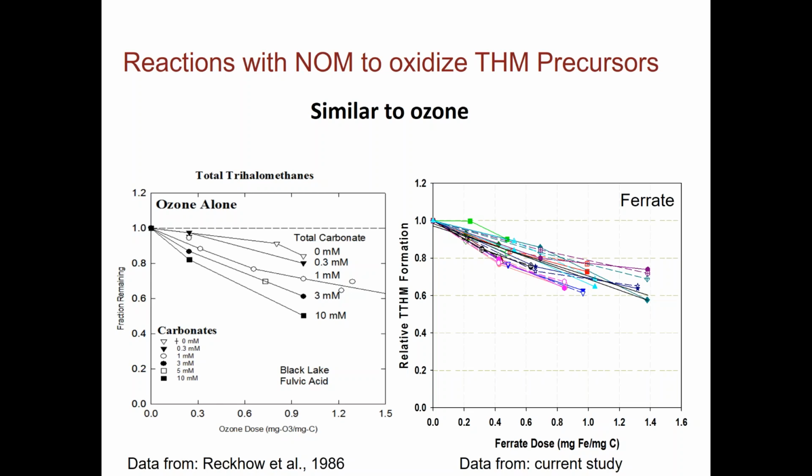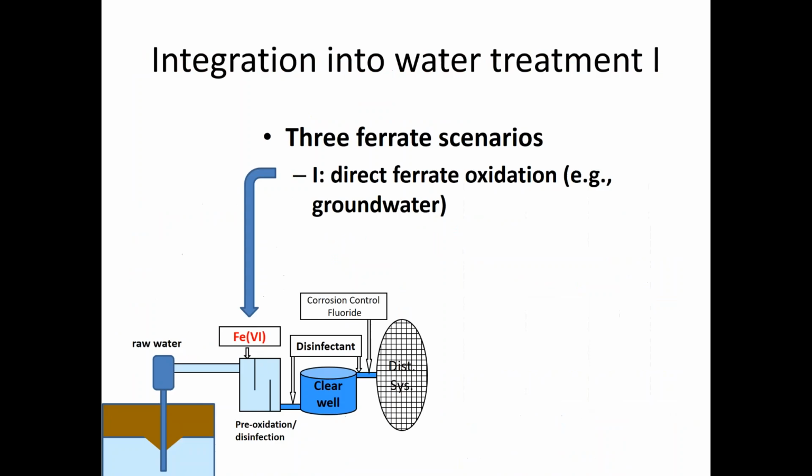So what that means is if you've got a 2 milligram per liter DOC, you'd be adding about maybe 1.3 milligrams per liter of ferrate. And we get about 20-30% destruction of THM precursors. And that's in fact very similar to what we see with ozone too. And so we think that they behave quite similarly.